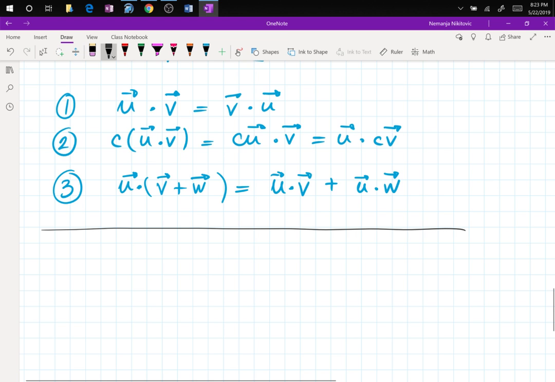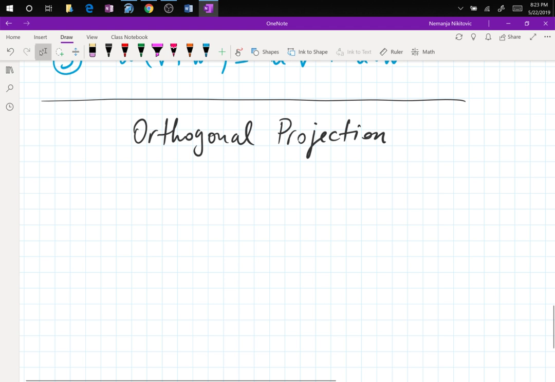All right, so let's talk about projection. Orthogonal projection. So say you have vector u, and then you have vector v.